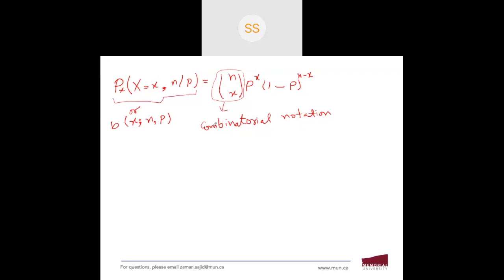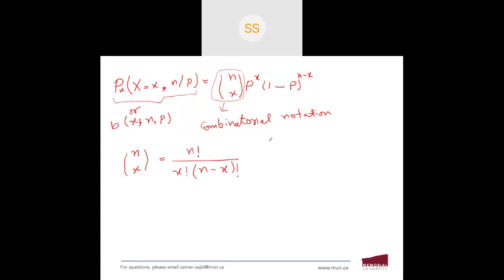Now, how do we solve this combinatorial notation? If you have n and x, two variables, you solve it using n factorial divided by x factorial times n minus x whole factorial. That's the formula for this.